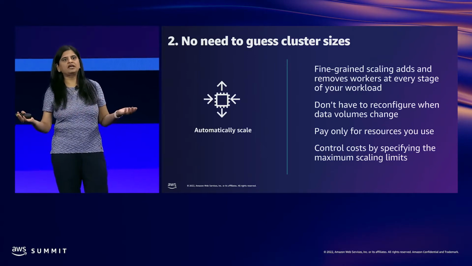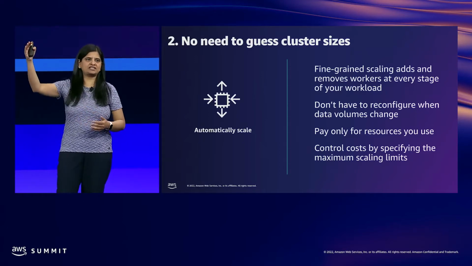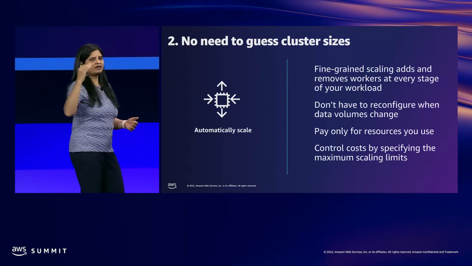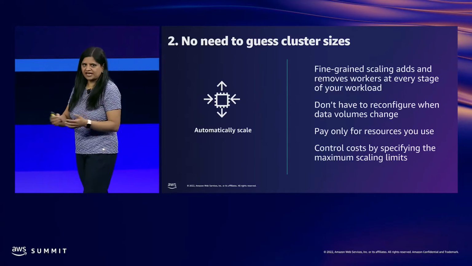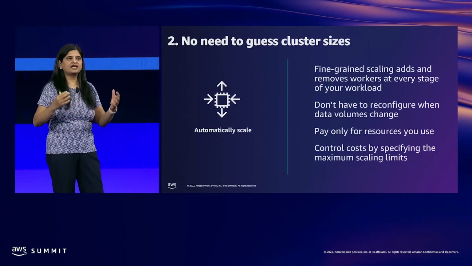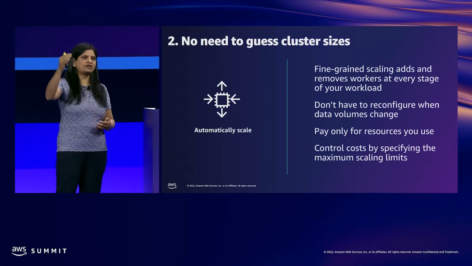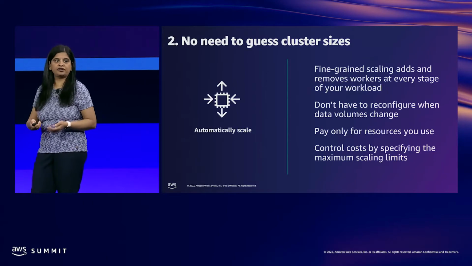For example, if you're creating an EMR Serverless application and you don't want to exceed 1,000 cores and maybe a few gigabytes of memory, you can specify that while creating your application, and EMR Serverless will ensure that it will only scale to that limit. This will keep your costs under your budget.